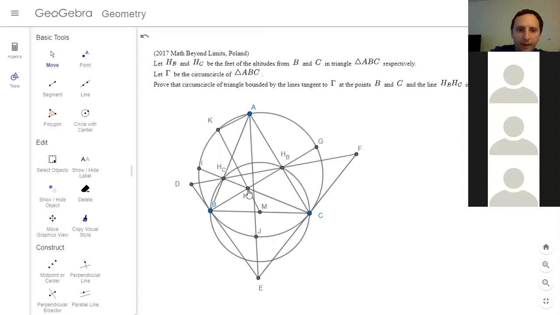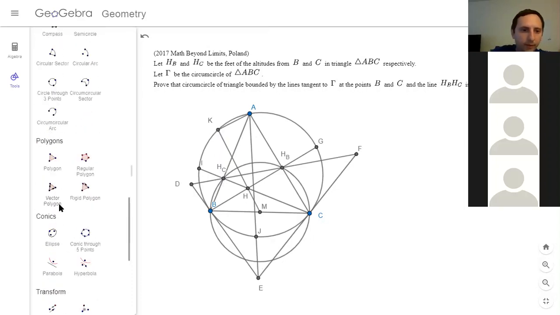And we also know AKHCHB is cyclic. We also have this cyclic quadrilateral. So maybe we could do an angle chase. Yeah, this point D though is not that easy.